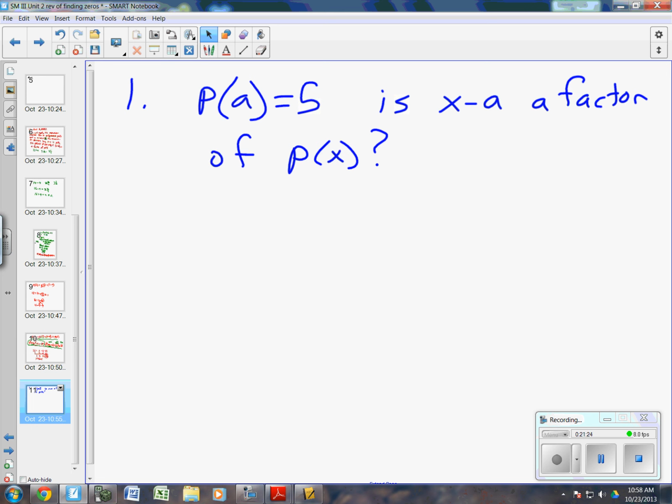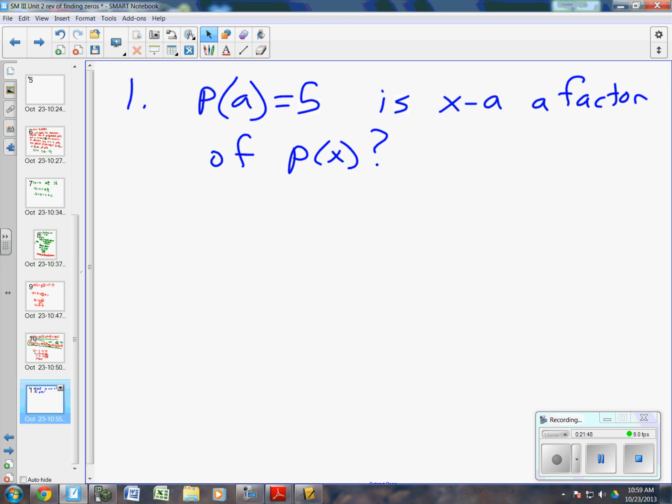So look, if P of a equals 5, you guys, it's not saying that a is 5. It's saying P of some number is equal to 5. If x minus a is going to be a factor, because this a and this a are going to be the same number, then that value has to be 0 if it's a factor, right?